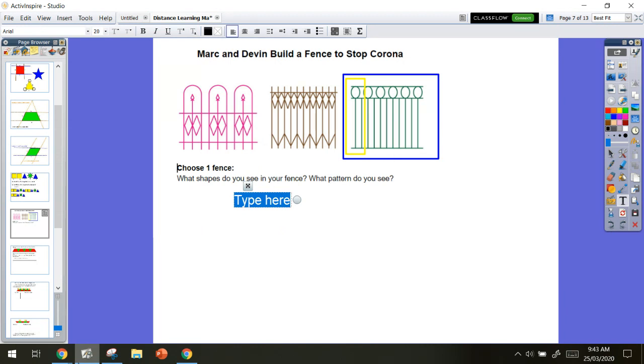Well, we're looking at just the beginning of the pattern. It's like this. So what can you describe it using words?